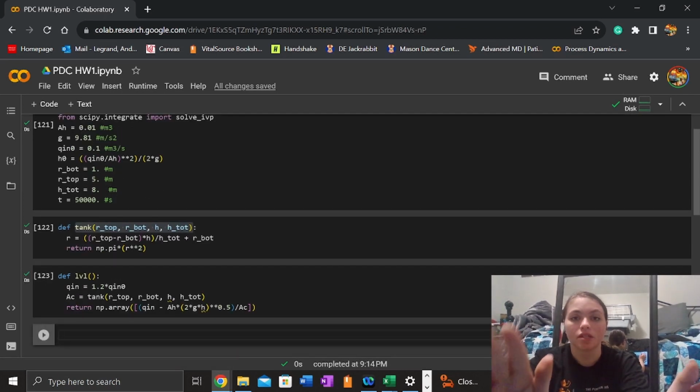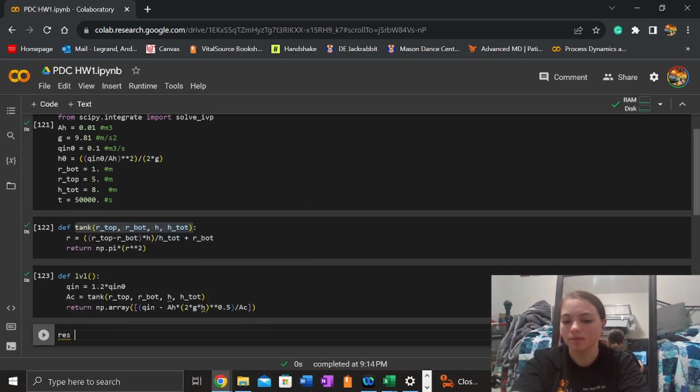All right, and so now we have to do our integrating because remember that was dV over dt. So that is where we add in our solve IVP. So I'm going to call this res because this is our result, and I like having 3 letters and not more because I don't know, it just makes me happy.